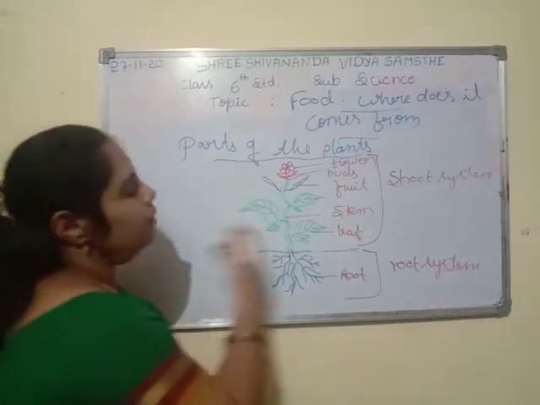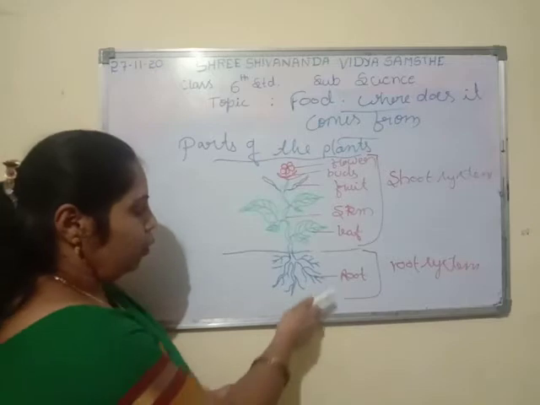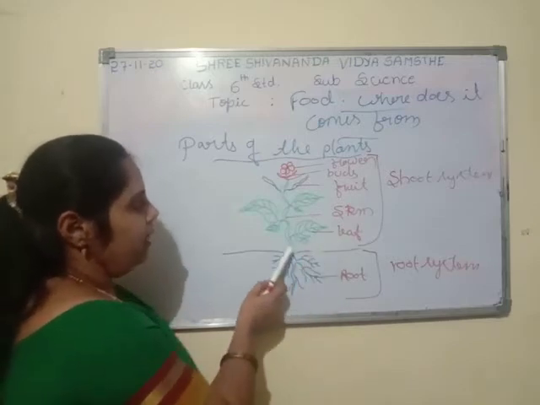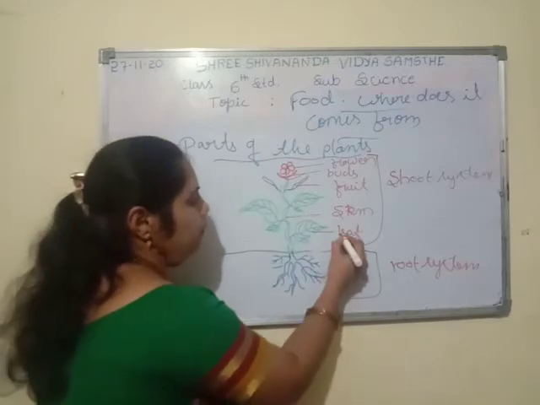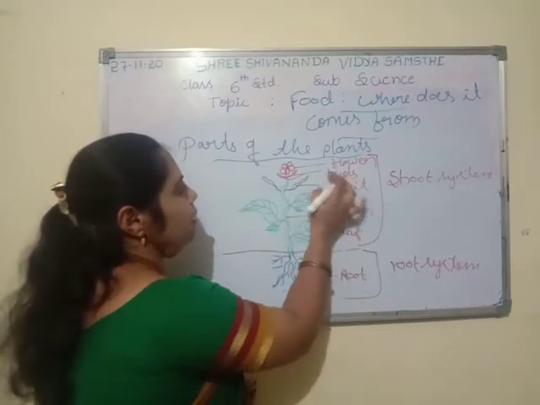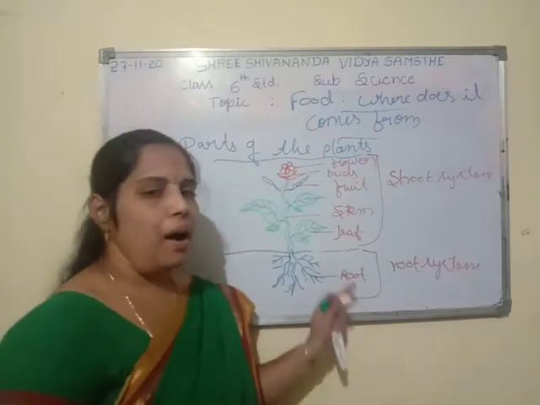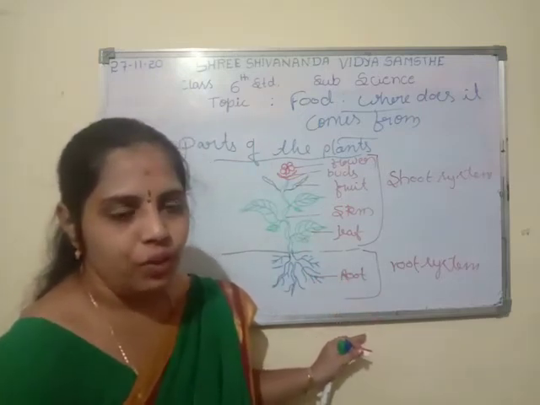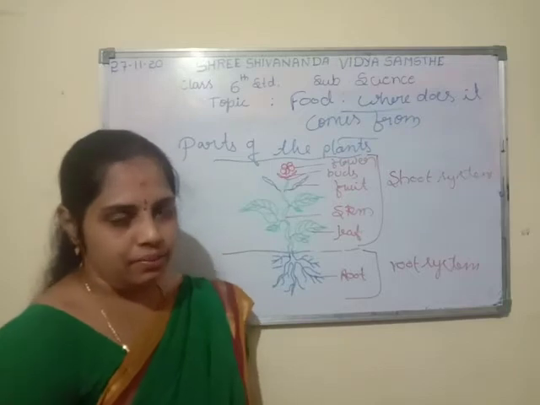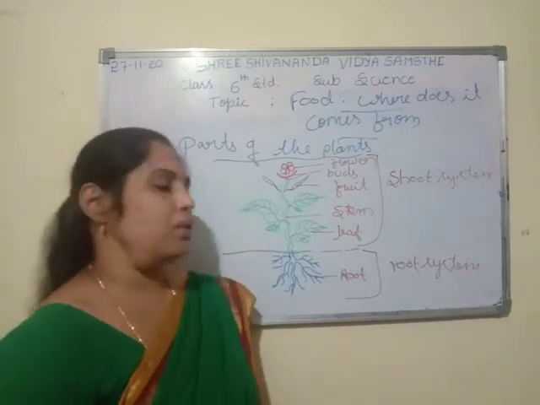This is the structure of the plant, where the root is there, the leaf is there, and the stem is there, fruit, buds and flower. So these are the main parts of the plant. If you take some plant, we can identify the parts also.